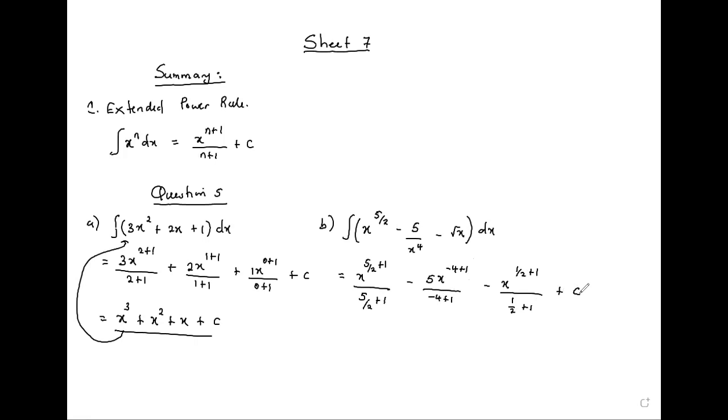The reason why we are putting a constant c there is we understand that the derivative of any constant is 0. So it won't affect the solution. But if you leave it, then your solution is wrong.